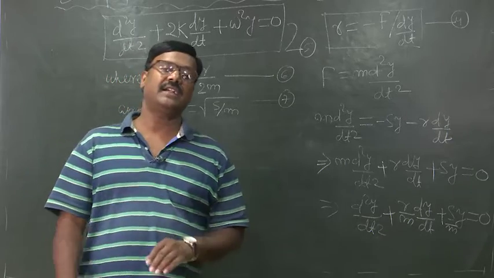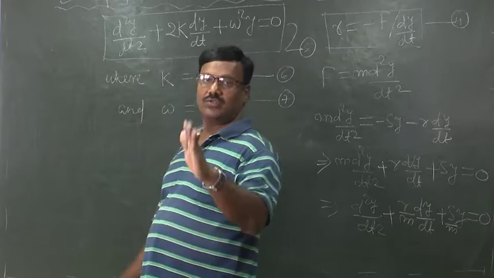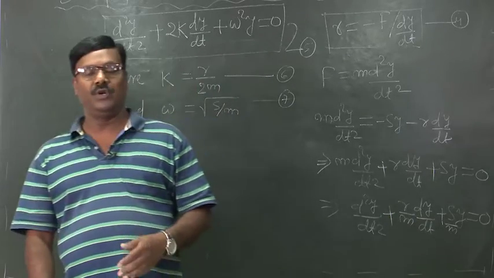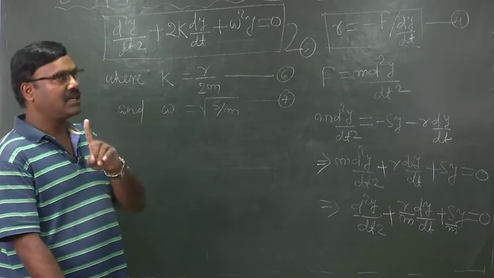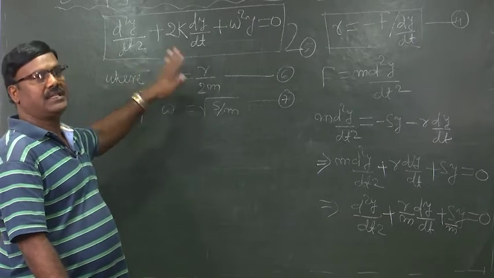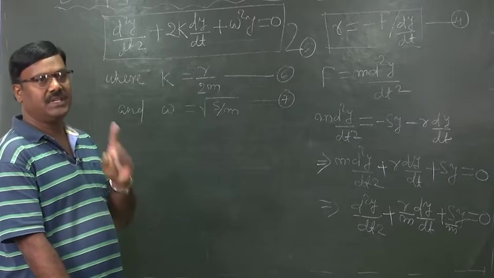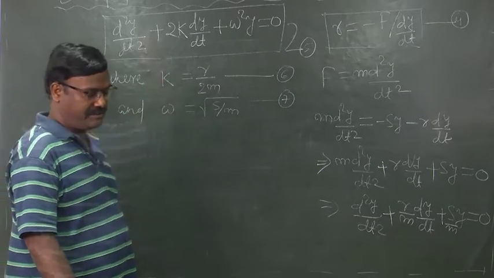Today, in a similar fashion, we will choose one solution of this differential equation, and then we have to justify that what we have taken is the correct solution. Let us proceed to find the solution of this differential equation of damped vibration.